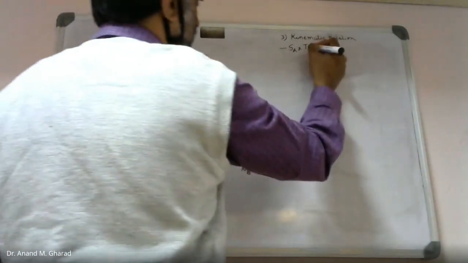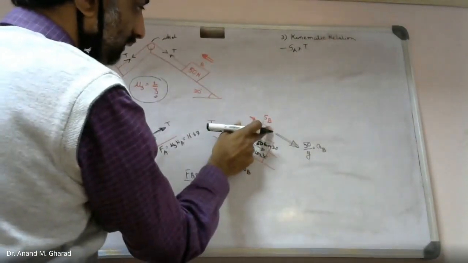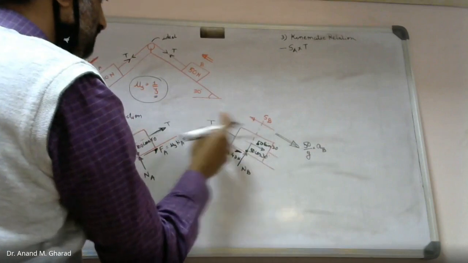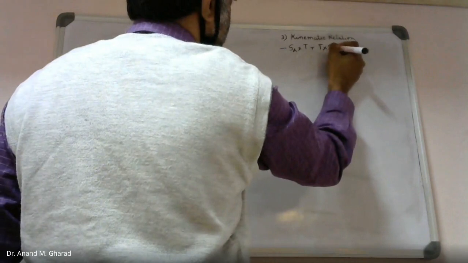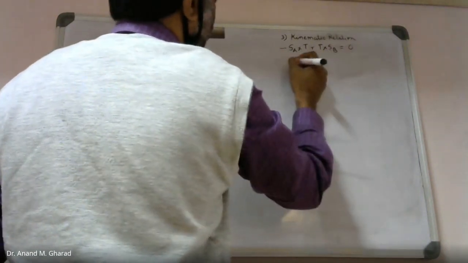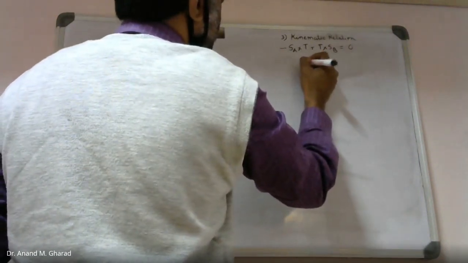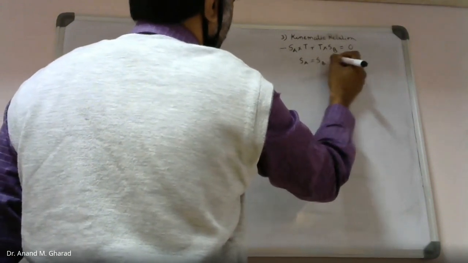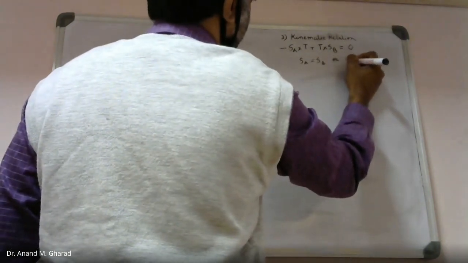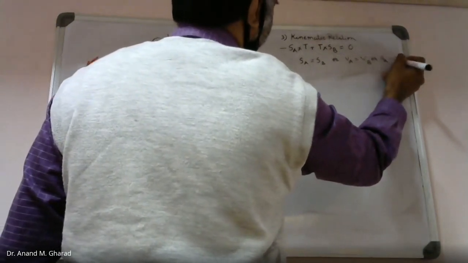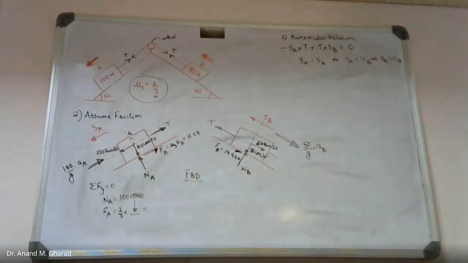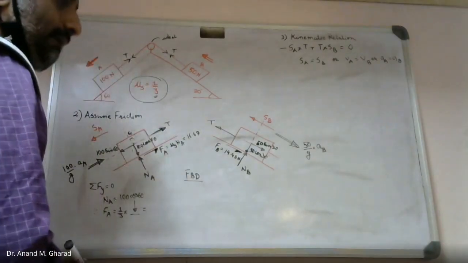Here, both the displacement and force are in the same direction, so T into SB equal to 0, and therefore SA equals SB, or in other terms VA equals VB, or AA equals AB. That's it. We have found the relationship between AA and AB for this case.